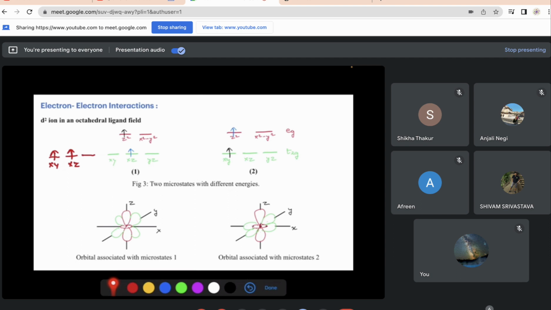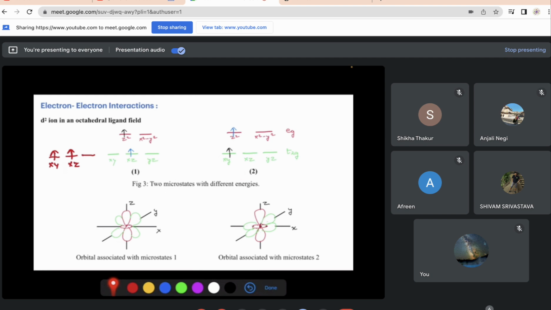Now, according to ligand field theory, both the excited microstates have the same energy. However, this is not the fact. The fact is that these two microstates corresponding to the excited state have different energy.